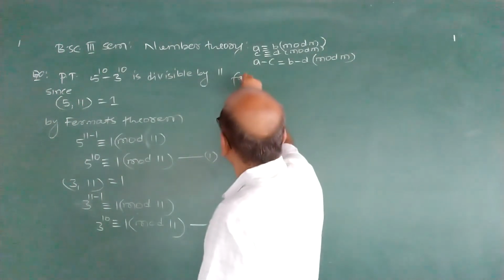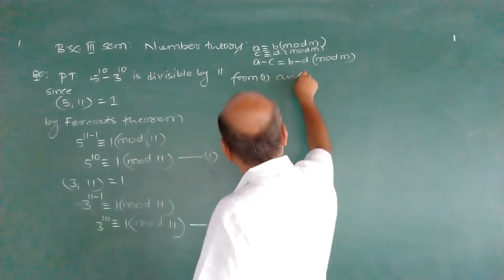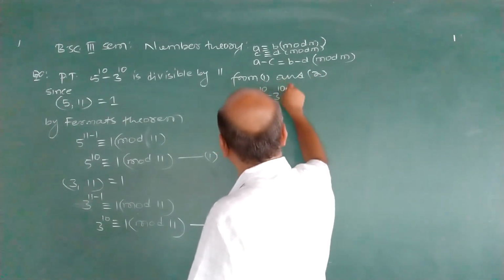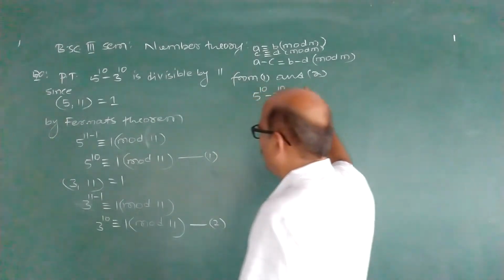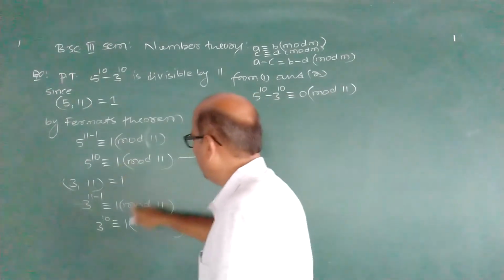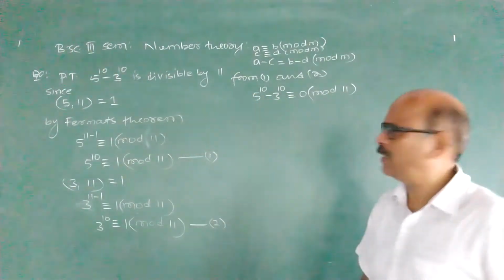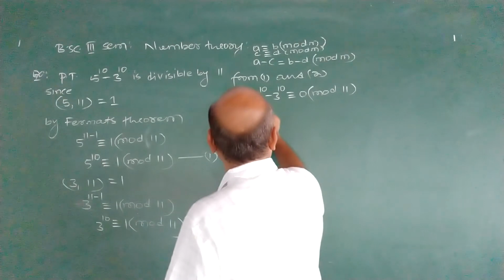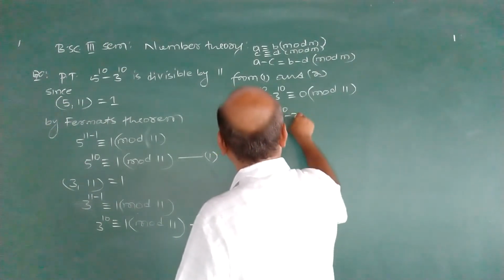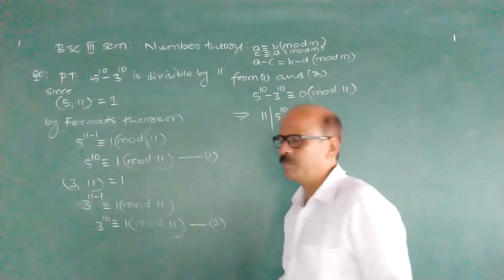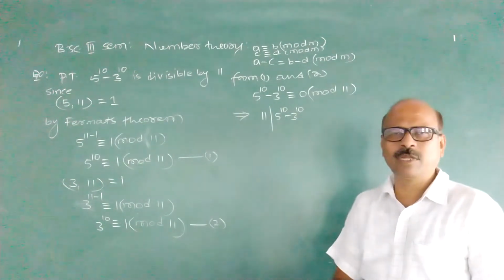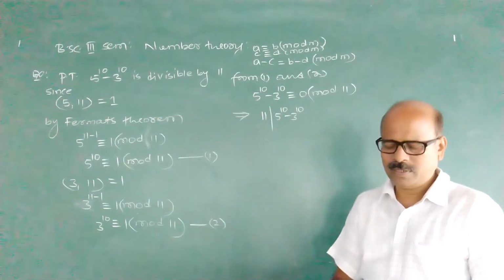Now from 1 and 2, 5 raised to 10 minus 3 raised to 10 is congruent to 1 minus 1, 0 mod 11. What does this imply? 11 divides 5 raised to 10 minus 3 raised to 10. This is divisible by 11. A simple problem.